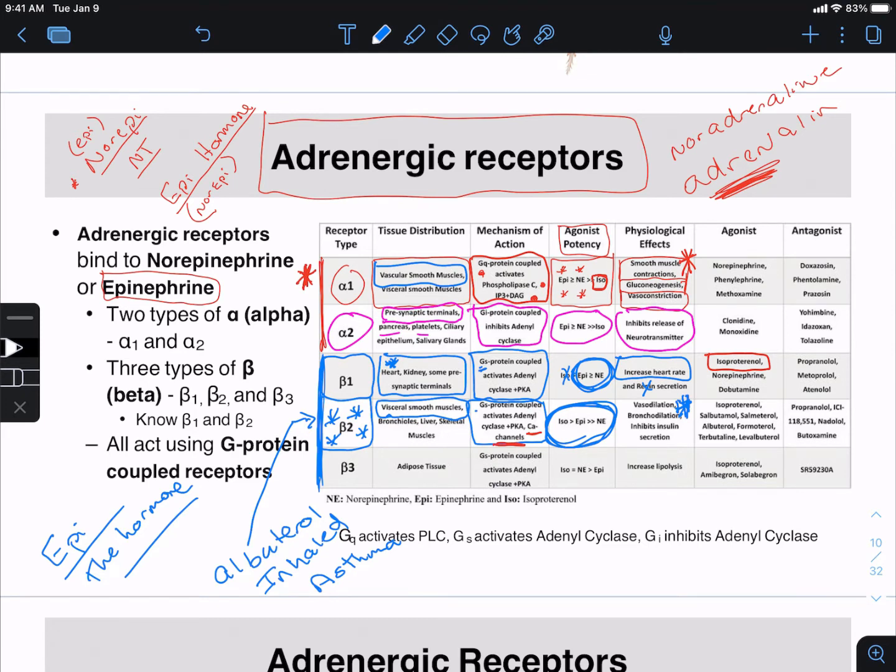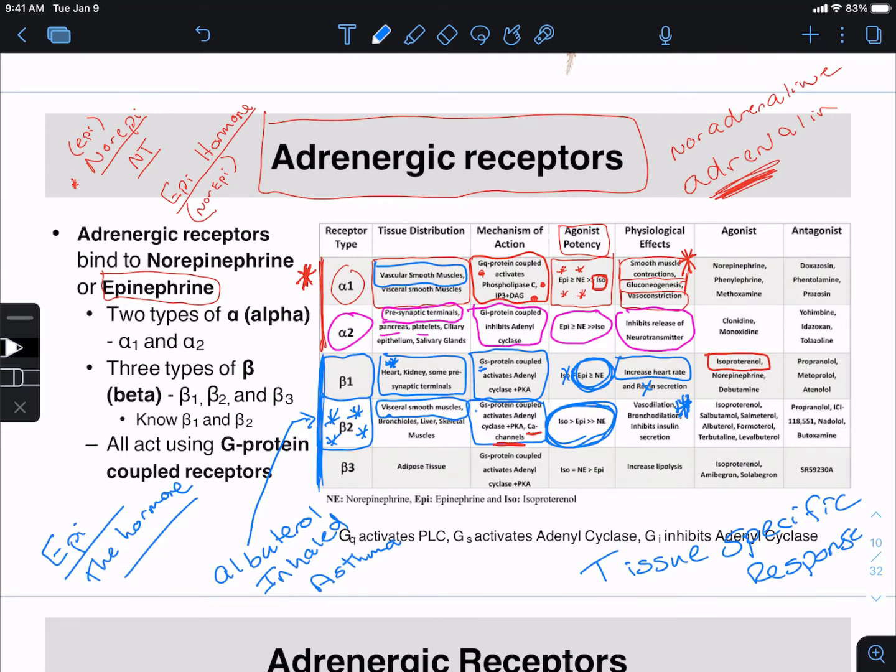And so I wanted to point that out, and the reason I'm bringing all of this up and asking you to know about all these receptors is because what this gets into is something I've talked about before, but this idea of a tissue-specific response, where we have a ligand. In this case, the ligand is epinephrine, or the ligand is norepinephrine. And if epinephrine binds to the alpha-1 receptor, it's going to cause smooth muscle contraction and vasoconstriction. If epinephrine binds to the beta-1 receptor, it's going to increase heart rate.